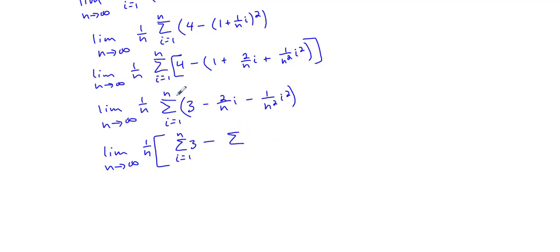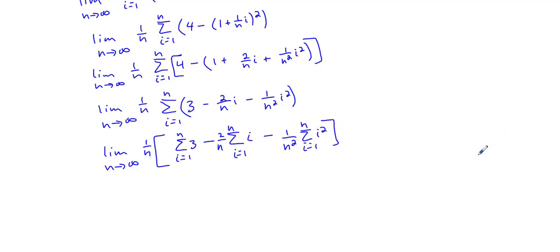Now if I put this sum here, that means 2 over n can go out as a constant multiplier and i can stay as the argument of sigma. Let's do that, save ourselves one step of writing at least. Minus. Same thing over here. 1 over n squared can be moved in front of the sigma. i squared. There we go.